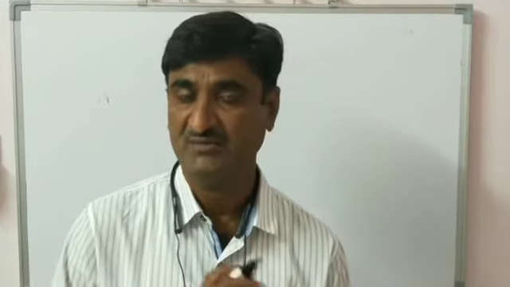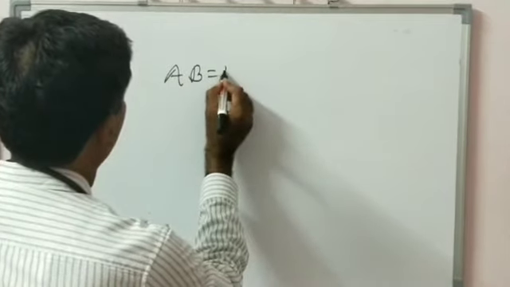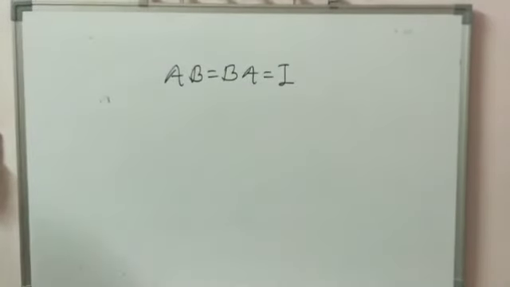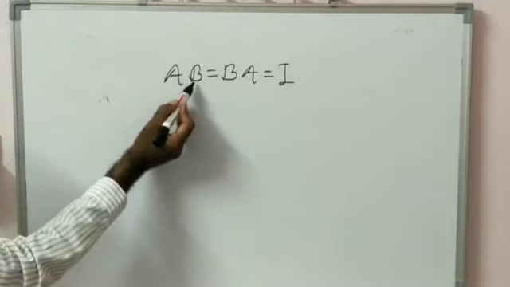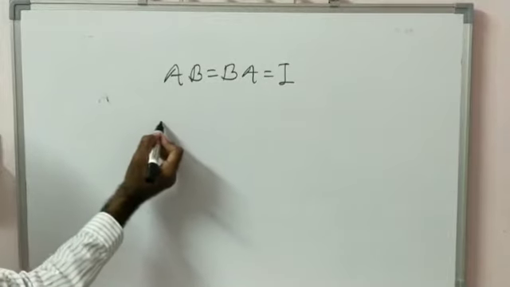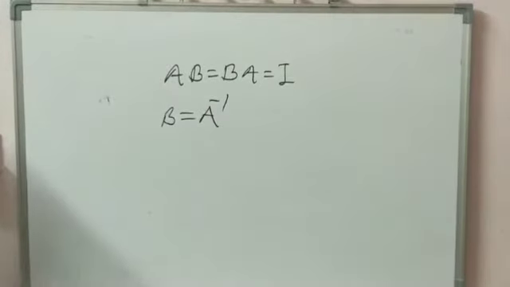If there is any matrix A and another matrix B, if we take its multiplication A into B or B into A, then it is equal to I. Then this matrix B is called the inverse of matrix A, and the inverse is denoted by A inverse.